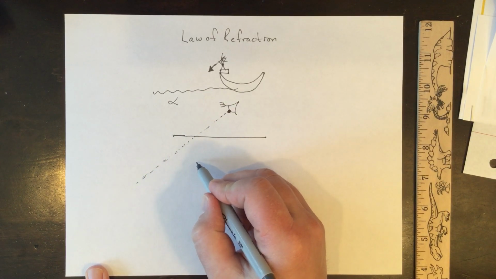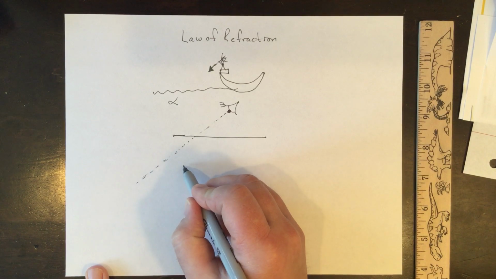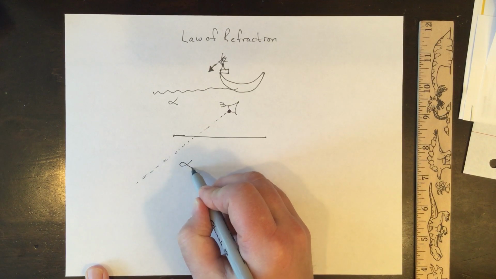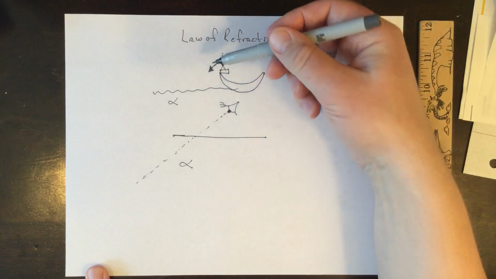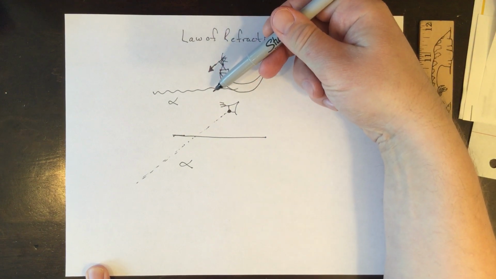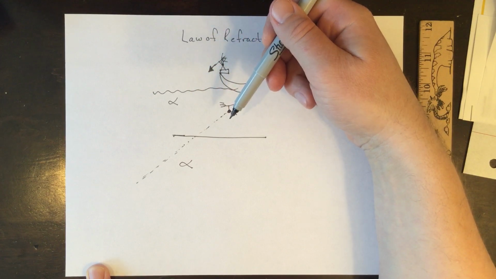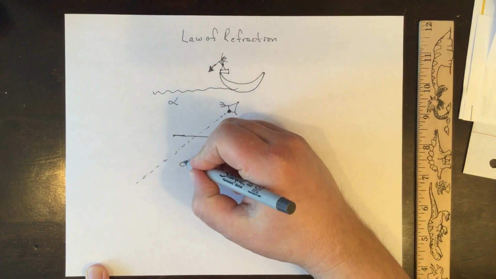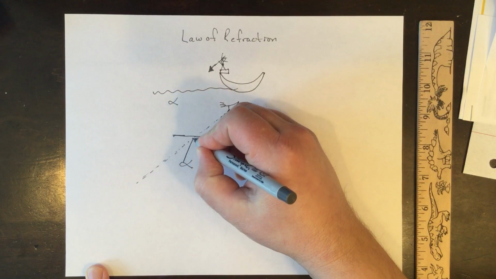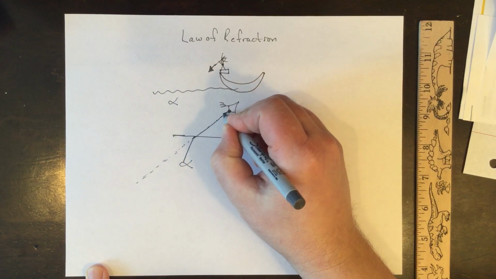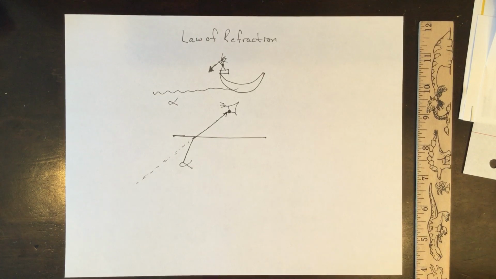The fish is actually here. Okay. So up here, you would actually aim below where you think the fish is at to hit it. Okay. So the light would actually come from the fish like this and go this way to the eyeball. All right.